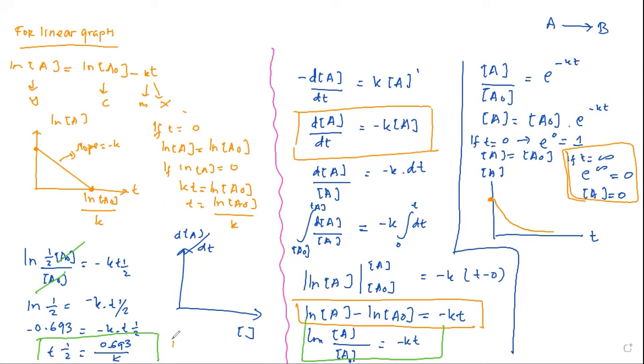If k equals 1 and concentration A equals 1, then dA over dt would be 1. So if the concentration of A is 1, the rate of reaction will be 1 as well.